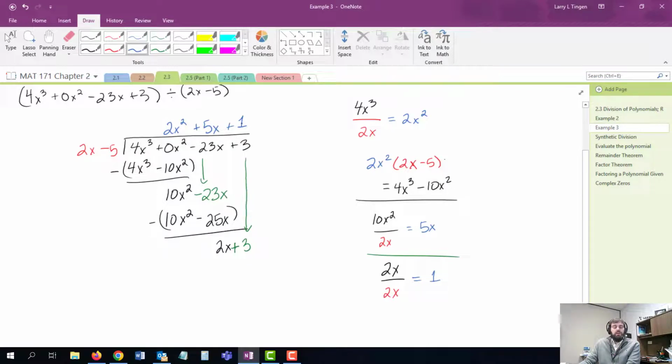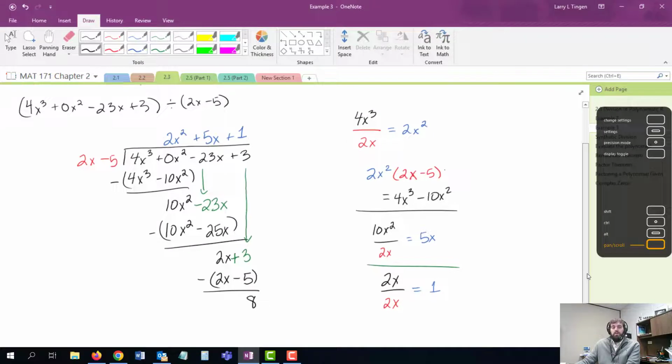And now let's find what happens. 1 times 2x is 2x. 1 times negative 5 is negative 5. Subtract. 2x minus 2x is 0. 3 minus negative 5 is 8.